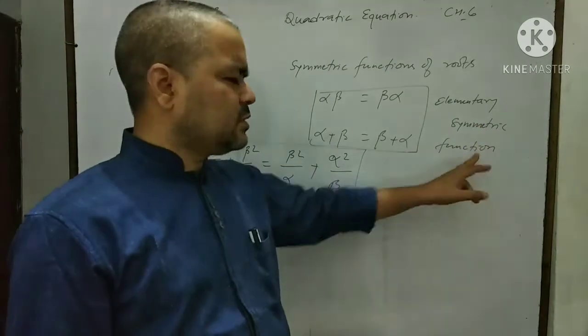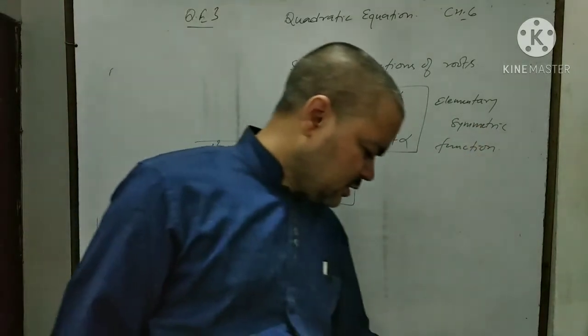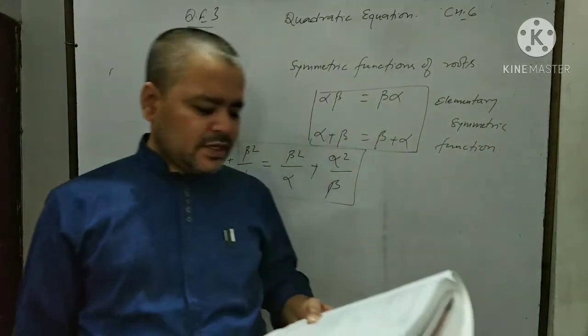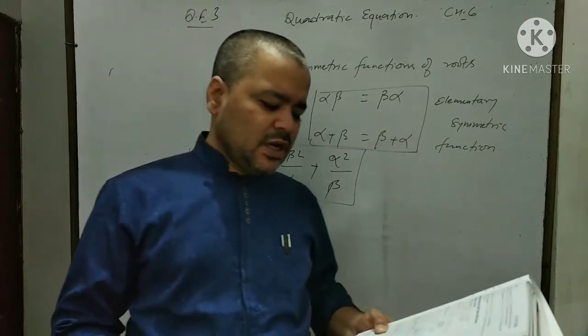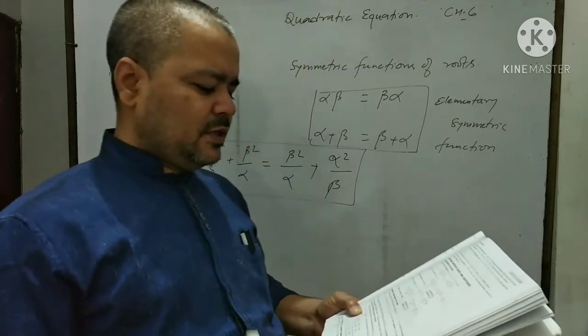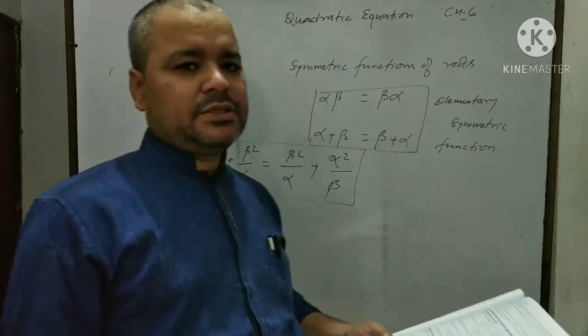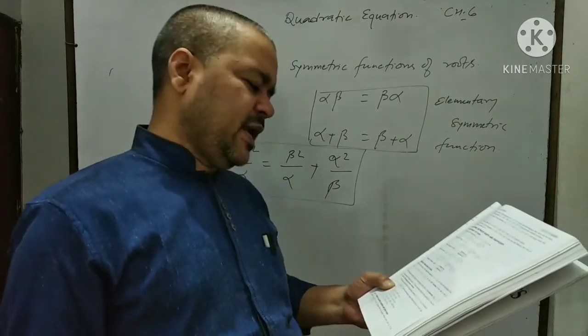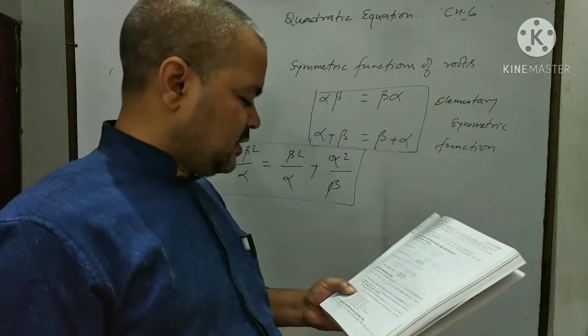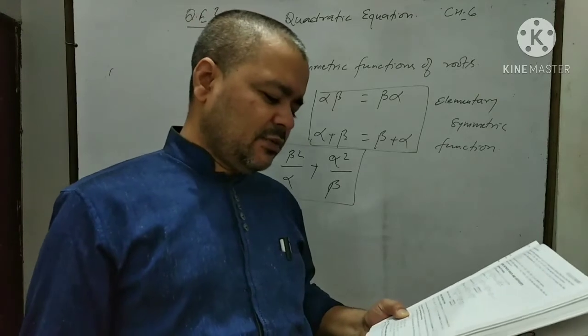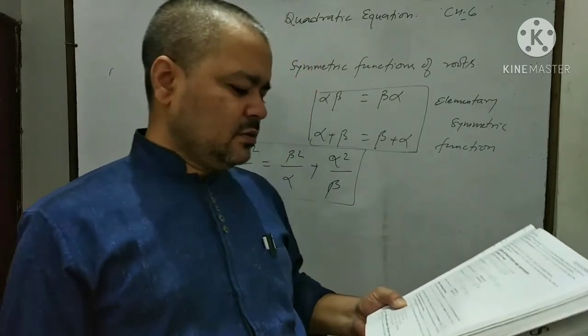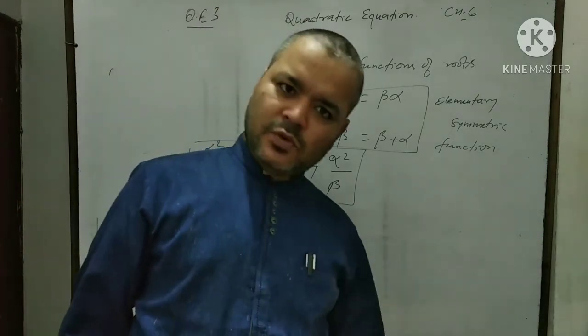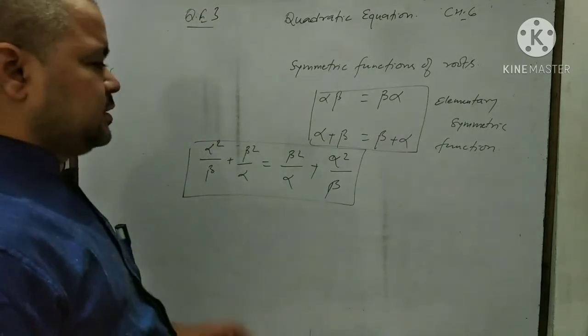Now what is symmetric function? The definition of the symmetric function is if an expression does not change on interchanging alpha and beta, then it is called symmetric. Okay, this is symmetric.